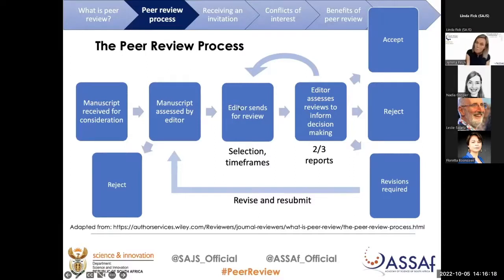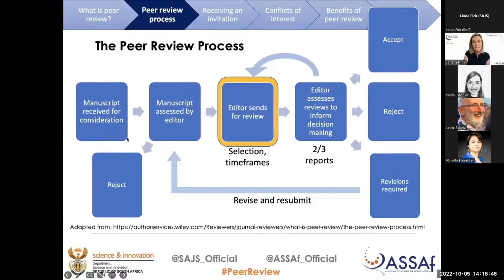So you have to go back a step, invite somebody else, and get an additional peer review report to help assess the situation. So that's the general process behind the scenes. And I think it's useful both as an author who's submitting their manuscripts for consideration, but also as a peer reviewer on the other side to have some appreciation of what is going on behind the scenes.